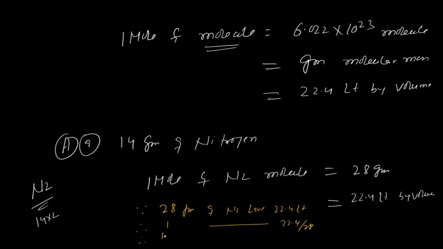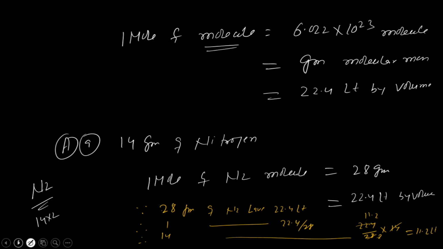Therefore, 14 gram will have 22.4 divided by 28 into 14. 2 cancels with 28, and 22.4 divided by 2 is 11.2. So it will come 11.2 liter. So the answer of the first question will be 11.2 liter at STP.